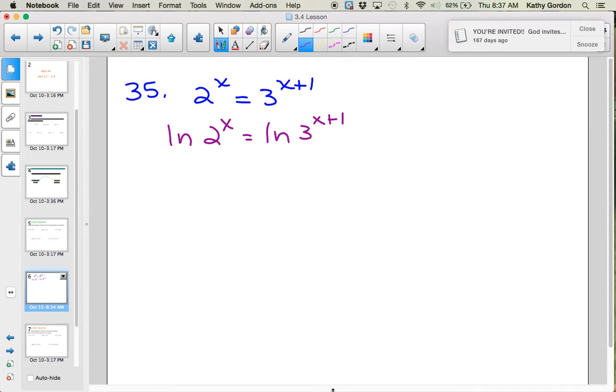So I can bring my x down in front here, x ln 2, and then I can bring this whole x plus 1 to multiply down in front here.